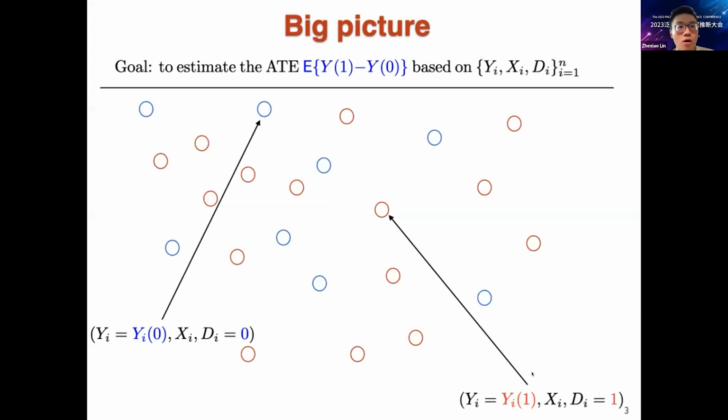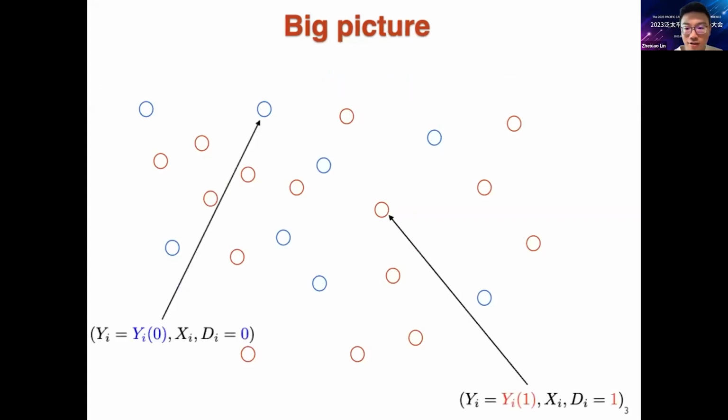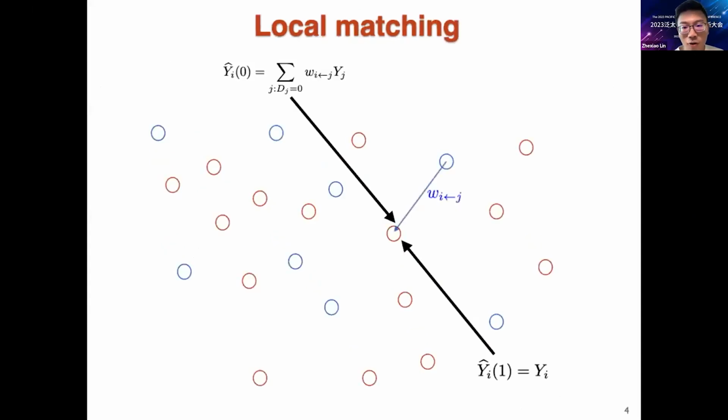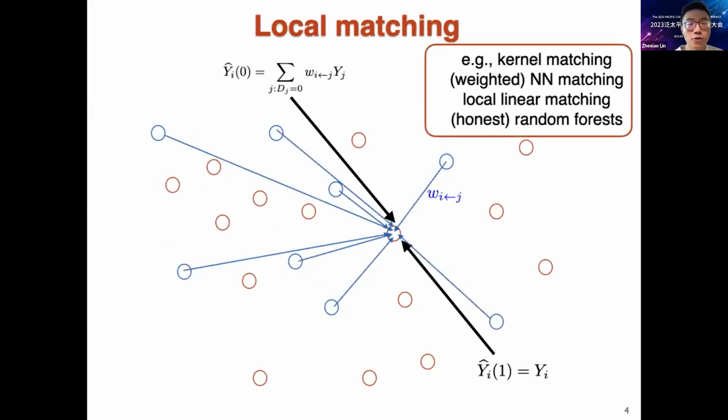Our final goal is to estimate the average treatment effect, which is the expectation of the difference of the 2 potential outcomes, y1 minus y0, based on the data we observed. A typical way to consider this problem is to regard it as a missing value problem.